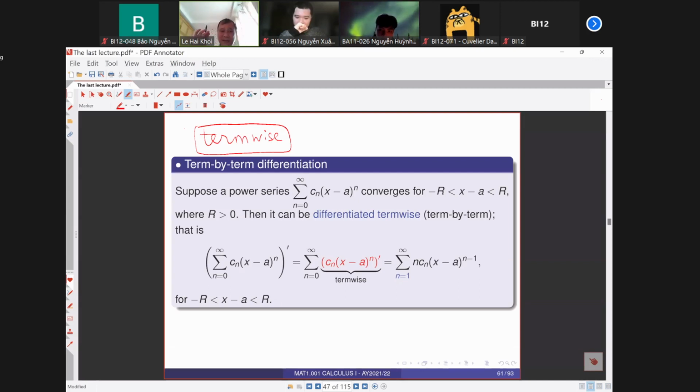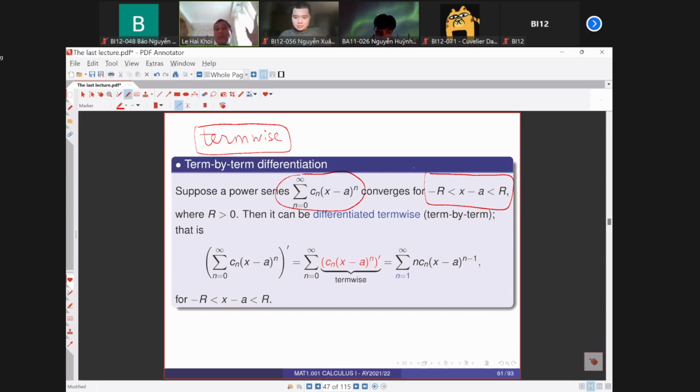Here, the result is: suppose you have a power series that converges with such conditions, which means the radius of convergence is at least R. At least R. It doesn't mean that it's R, right?